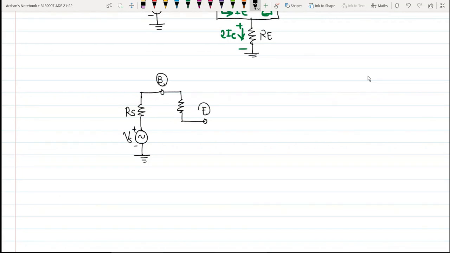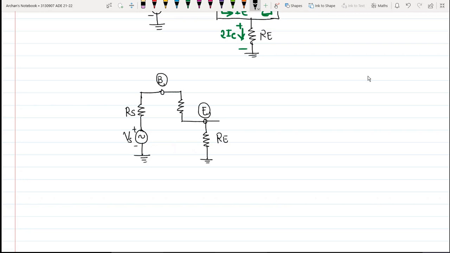Here my emitter terminal will be there. Now this time we need to consider the emitter resistance Re.